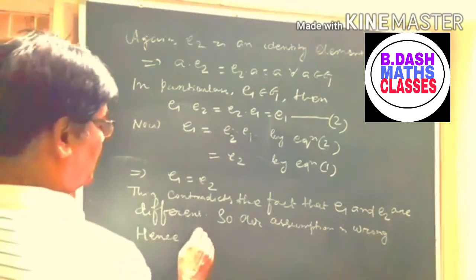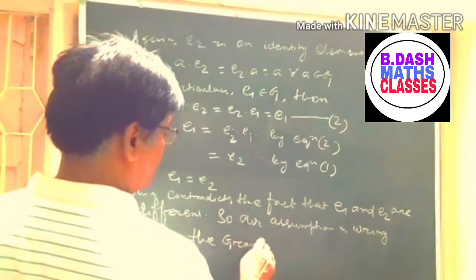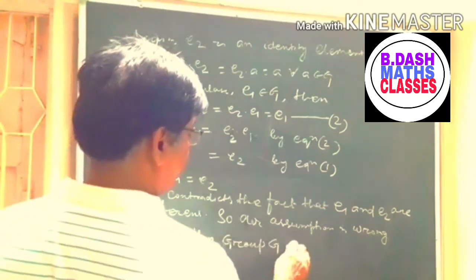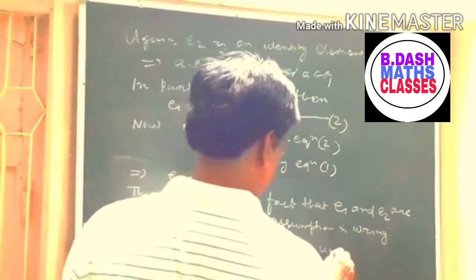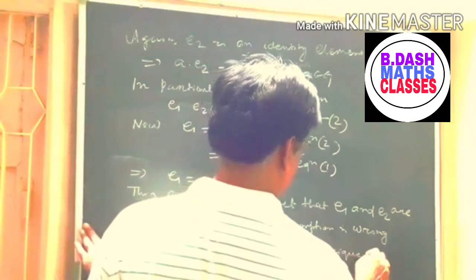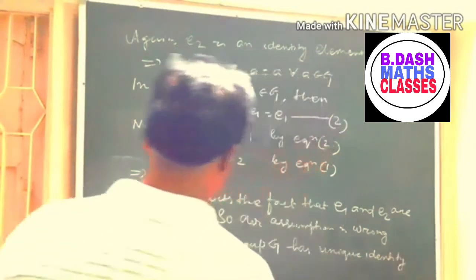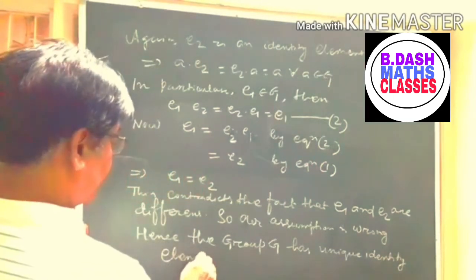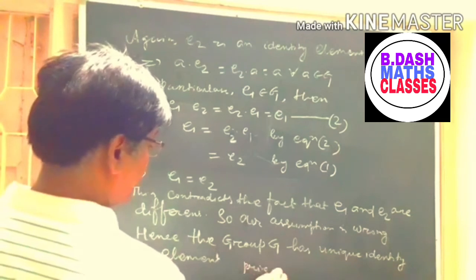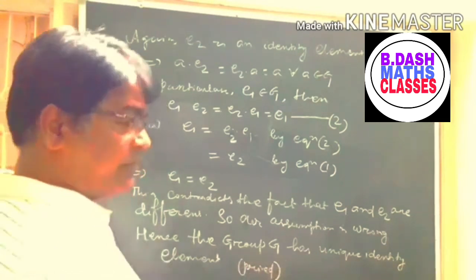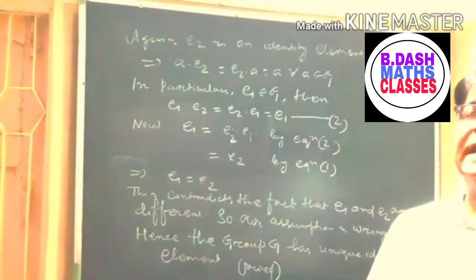Hence, the group G has a unique identity. Proved. So the first property is now proved. Let us proceed to the second property.